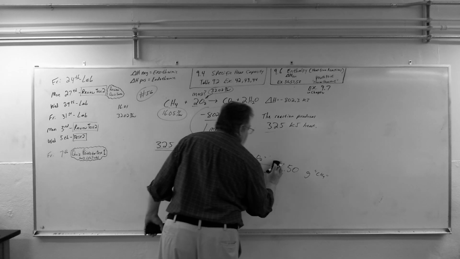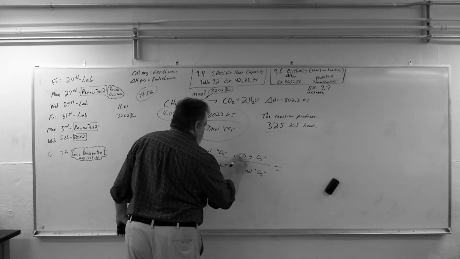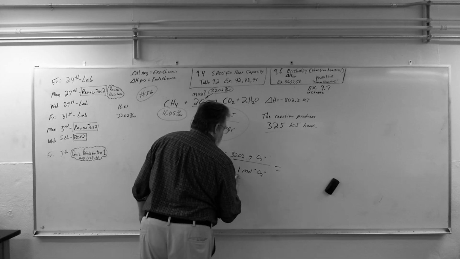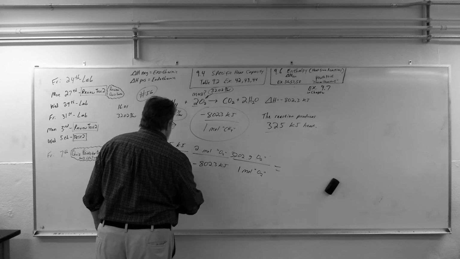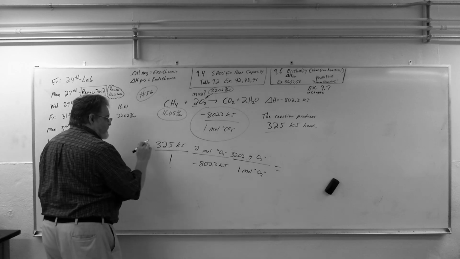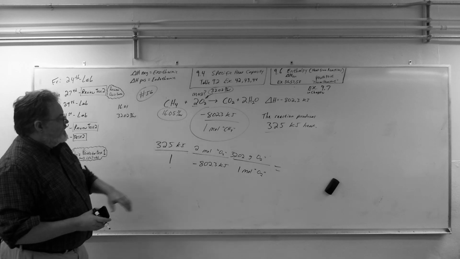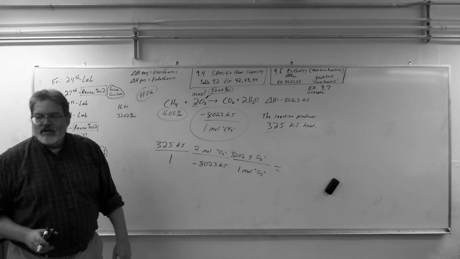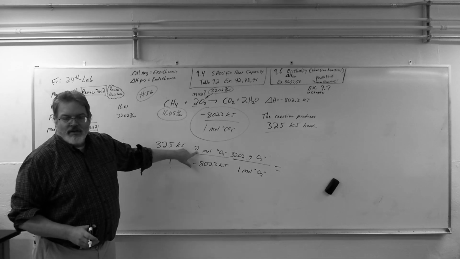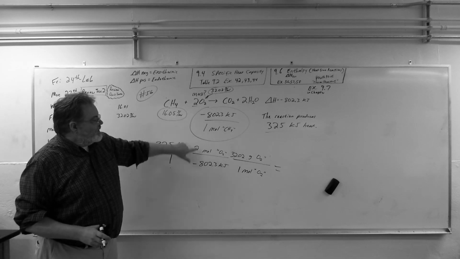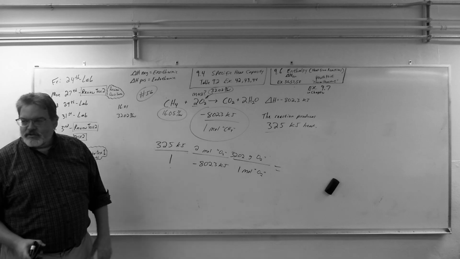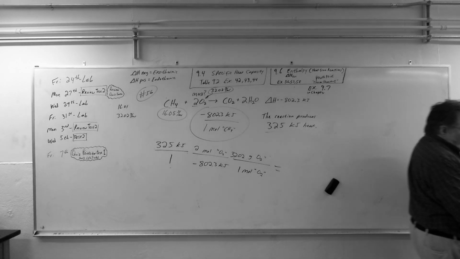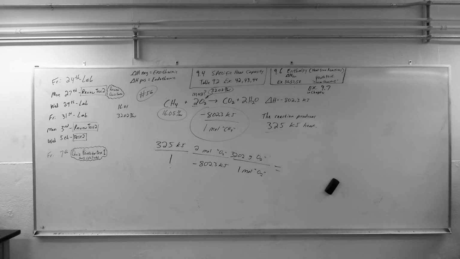So if I were solving this for oxygen, I would use the same 325 kilojoules, but now I'm using this molar relationship for oxygen, and then the grams per mole for oxygen, and I would solve it for oxygen. I just wanted to do one that had something other than 1 here to emphasize that this comes from here, because all the examples I've done so far happen to just have 1. Okay, and I'll go over heat capacity again when we review.